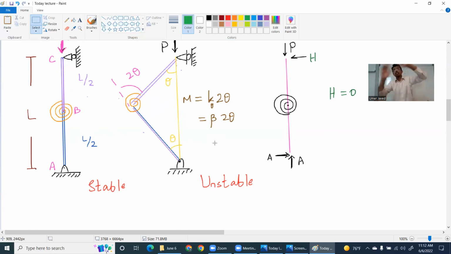So now you have to understand two different situations. I put a critical value of load. As long as I am less than that load, the column will keep on coming back. Good, stable system. I put such a huge value of load that when that buckling has happened, even if I remove the load, the object doesn't want to come back. So remember the understanding of critical load.